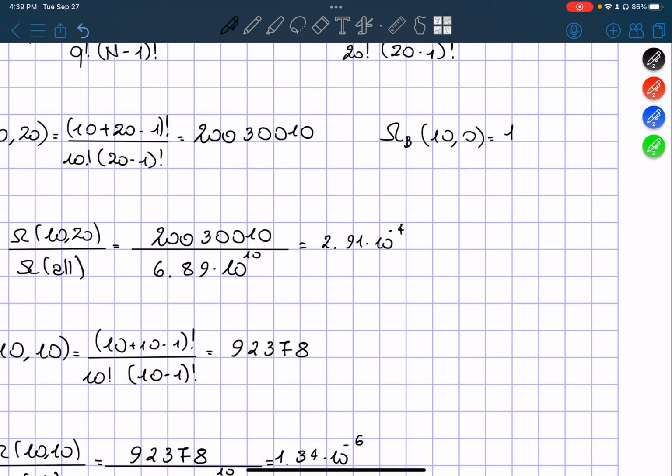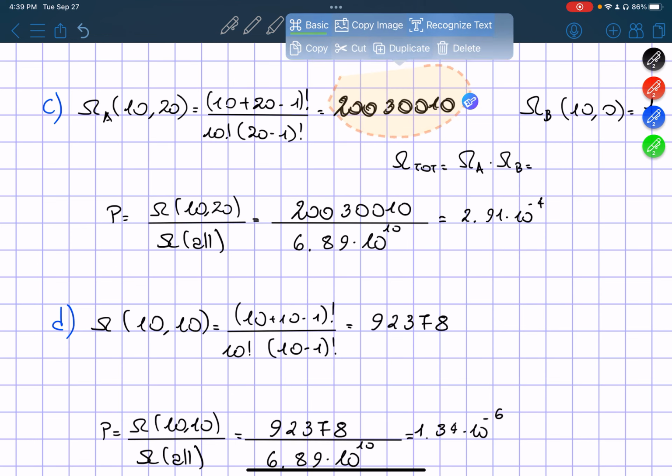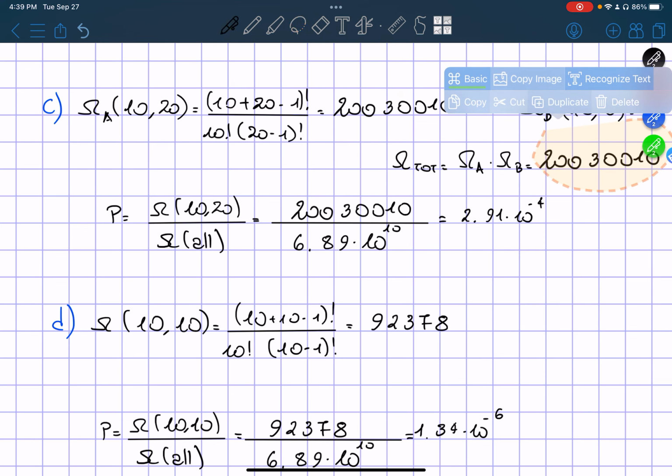And then our total should be A times B, which is equal to, of course, this part right here. So that's correct for the first part.